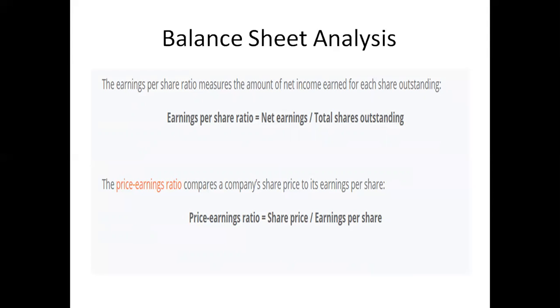The price earnings ratio is the share price divided by the earnings per share. Now, this also compares the company share prices to earnings per share. Price earnings ratio is a pure term and gives us the absolute value, and is very easy to compare for intercompany measures. This is the end of the ratio analysis, and in the next class we are going to start with the new problems.